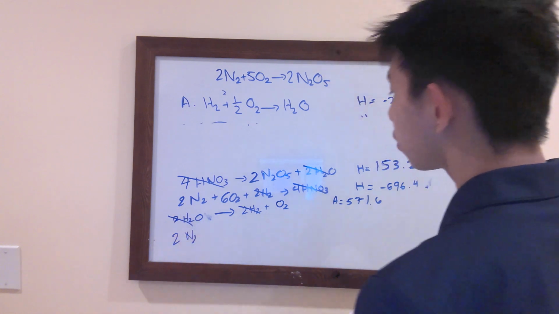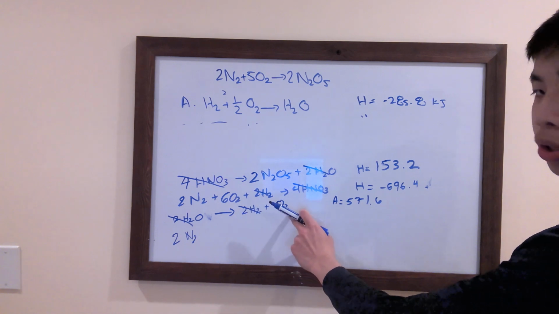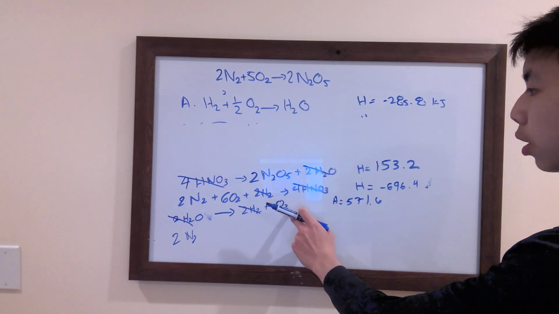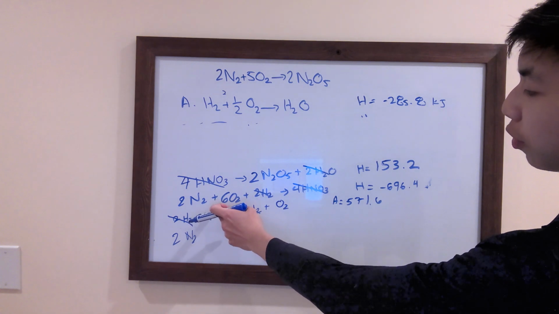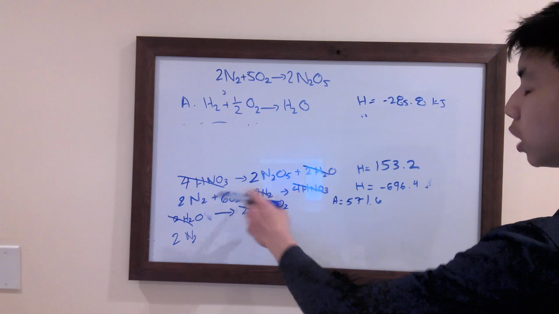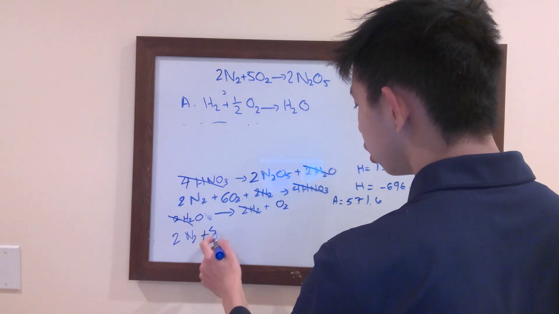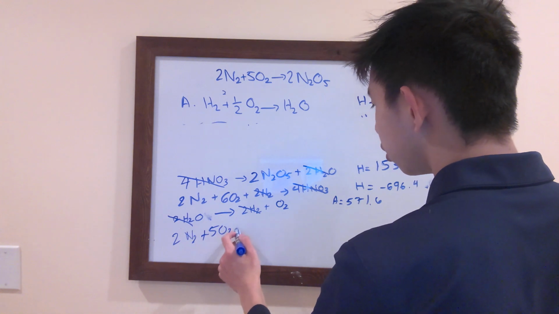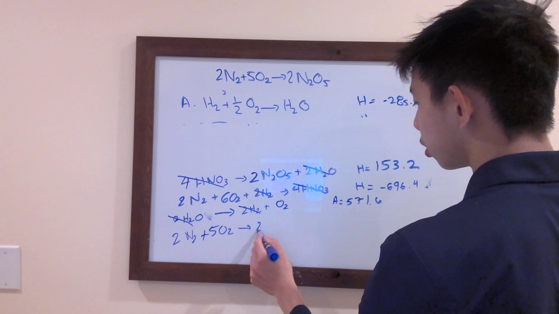Right, just drop this one down. And then look, we have a 6O2 on the reactant side, 1O2 on the product side. Since 6 is greater than 1, we have to subtract 1 from 6. So 6 minus 1, alright, will give us 5O2 on the reactant side. And then we just drop this 2N2O5 down here.